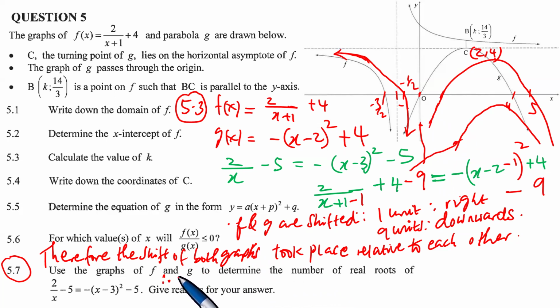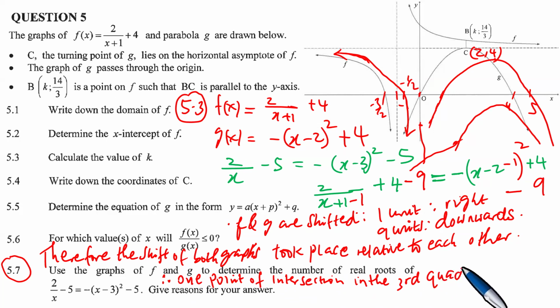So therefore, you have 1 point of intersection in the third quadrant.